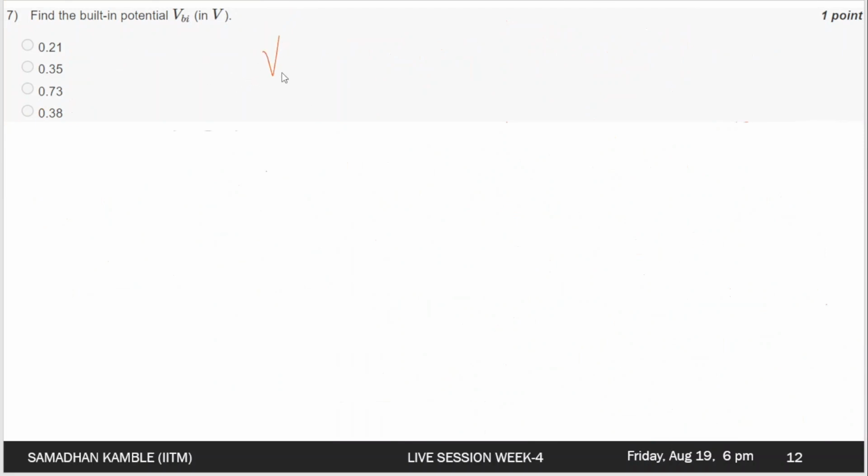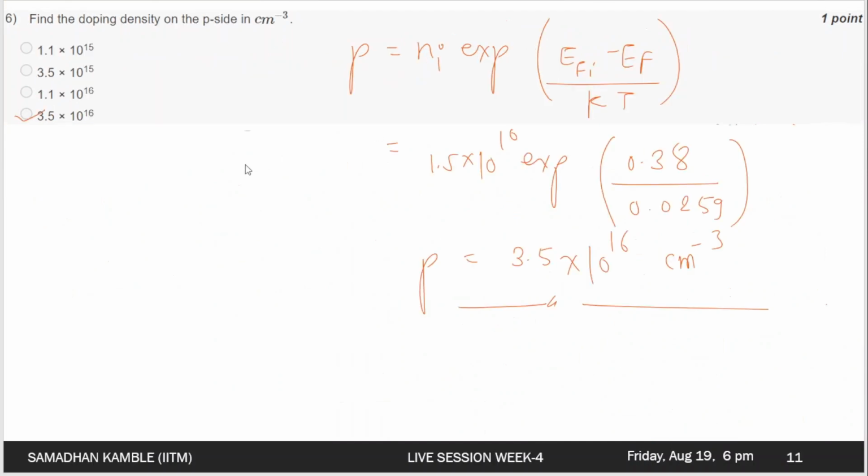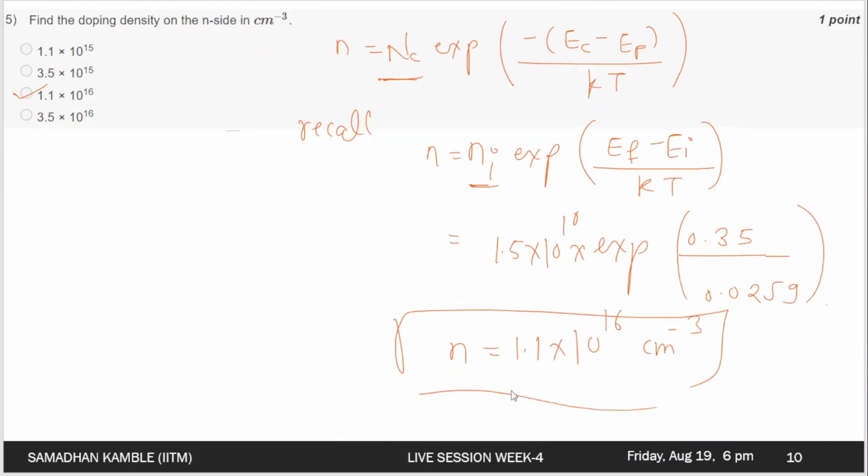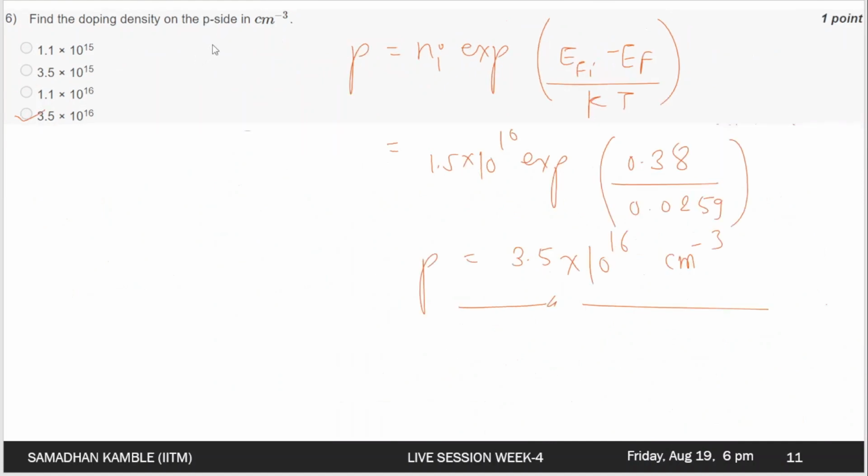So let's directly substitute all these values. V built-in is kT by Q, in electron volt 0.0259, times the logarithm of the charge carrier concentrations Na and Nd. We calculated in the previous two questions the concentration in the N side, 1.1 times 10 to the power 16, and the concentration in the P side, 3.5 times 10 to the power 16 per centimeter cube.